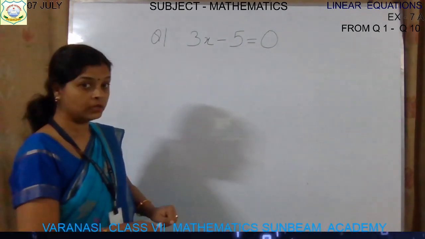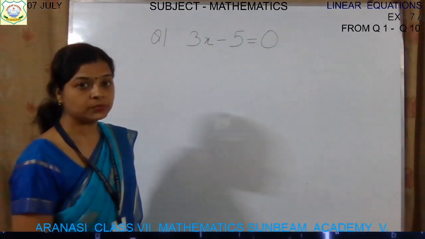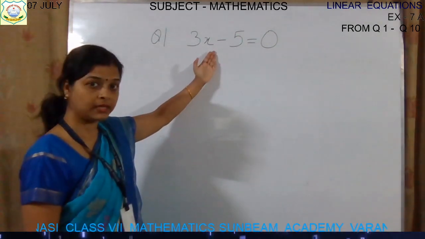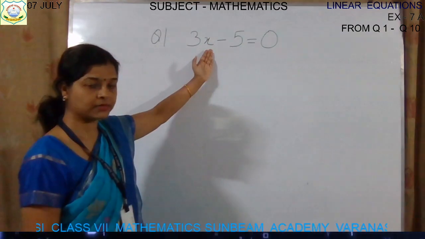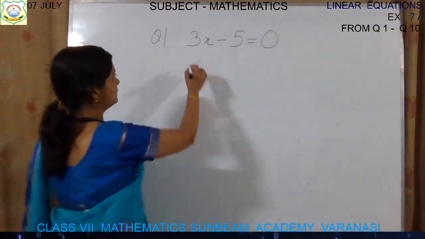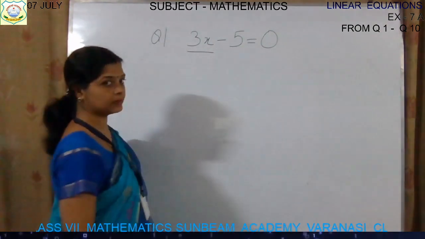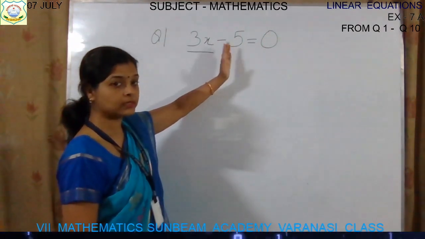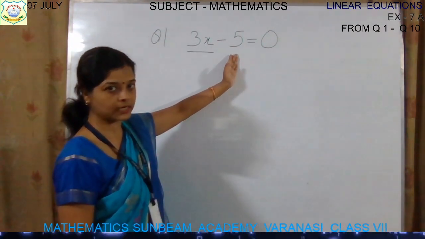So children, you can see which one is the variable term here, which contains the variable. x is the variable, that's why this is the variable term. And 5 along with minus, this is a constant term.